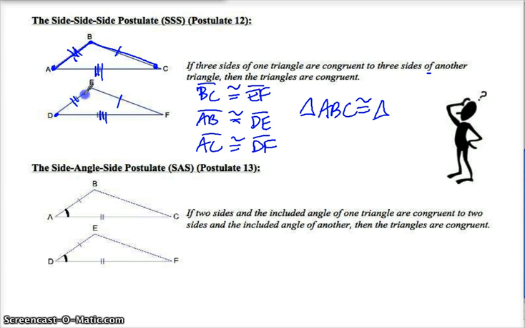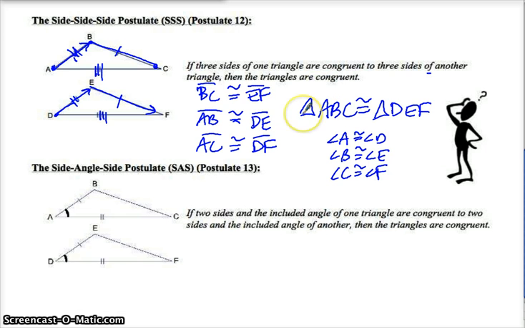From D to E, because it's a double mark, I have to go this direction, and then I have to go this direction, and E to F. So it's congruent to triangle DEF. As soon as you make this congruency statement, you now know angle A is congruent to angle D, angle B is congruent to angle E, and angle C is congruent to angle F. You know all of those conclusions because of this statement.